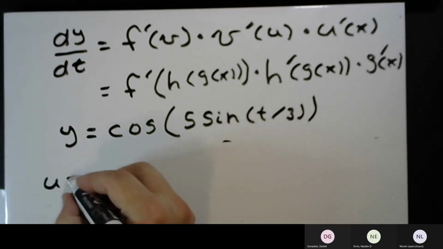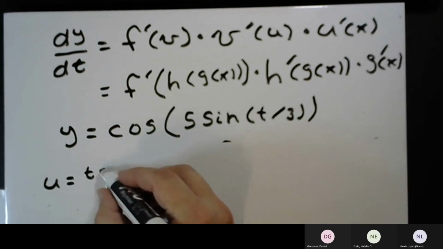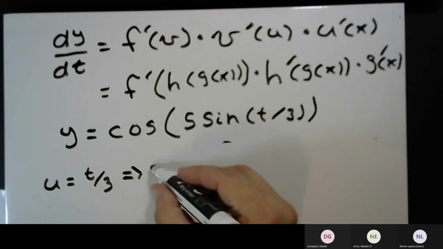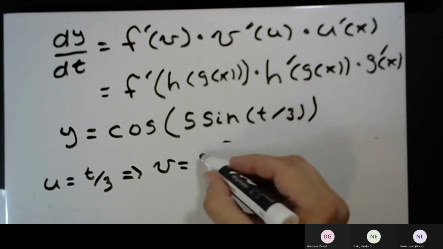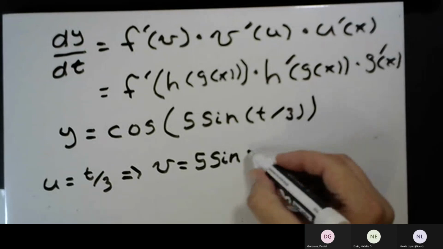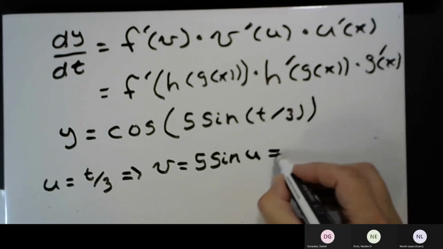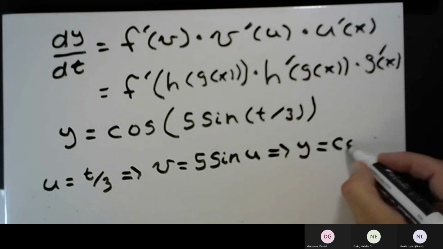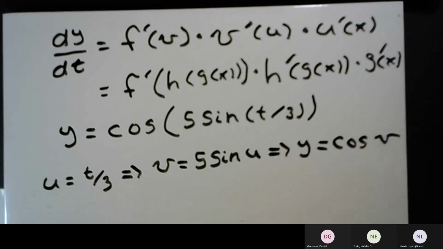If we let u be t over 3, this means v is 5 sine of u, which means y is the cosine of v.